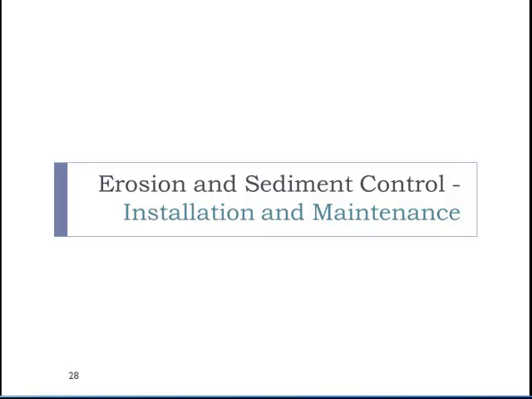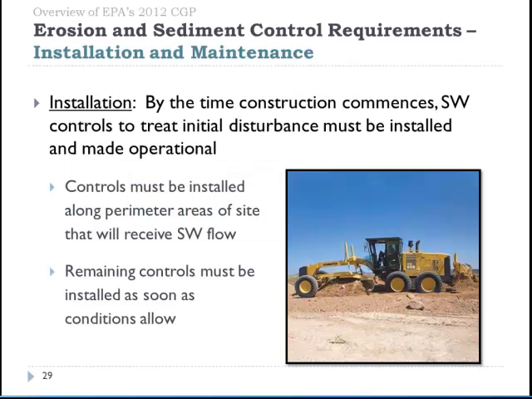So first I'll touch on the installation and maintenance requirements for erosion and sediment controls. The permit requires that you install all of your stormwater controls to treat disturbance at the time or before those disturbances occur for each phase of construction disturbance.